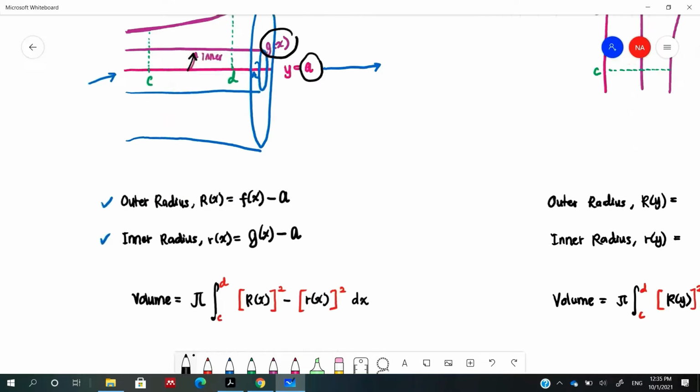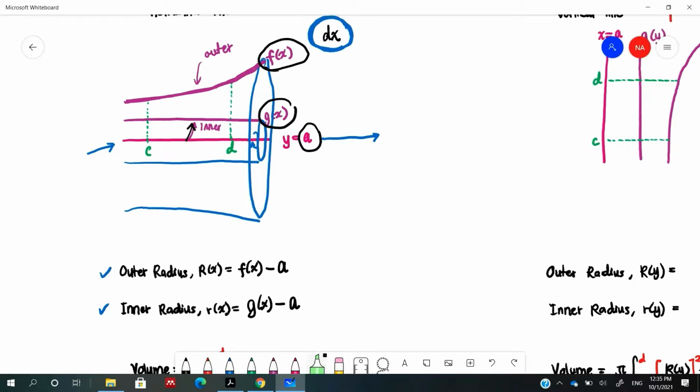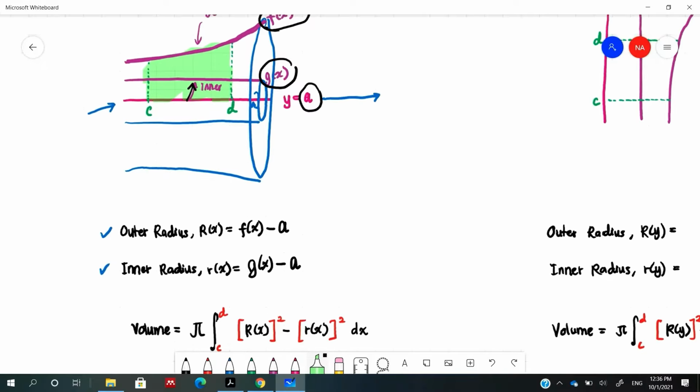Next, to calculate the volume, the formula is pi times the integral from c to d, because the region is from c to d. We want to rotate only this part, to get this green solid only.